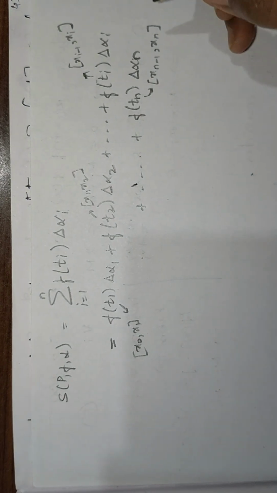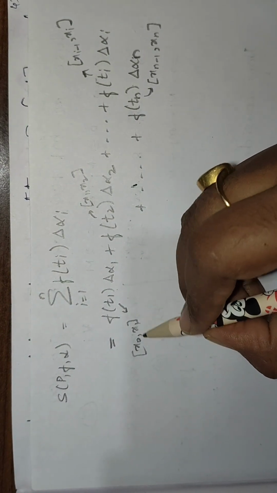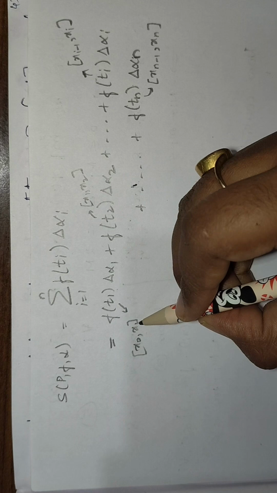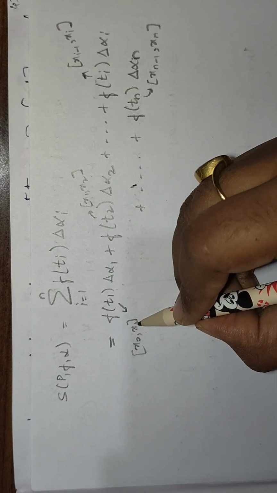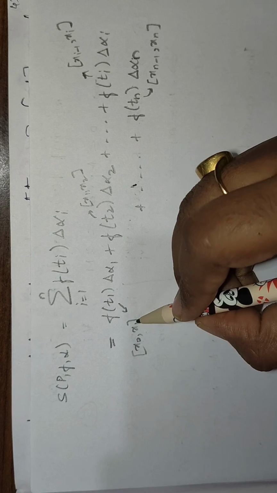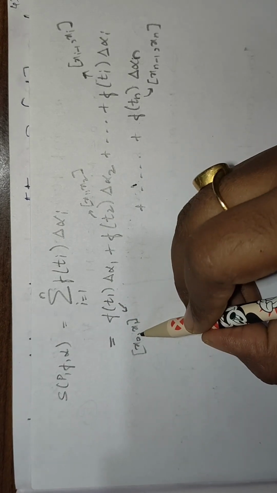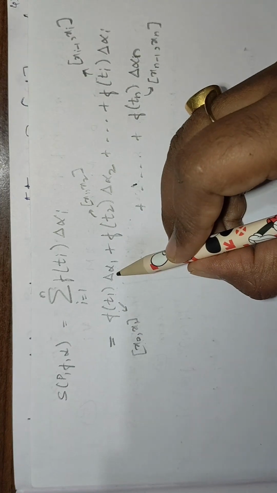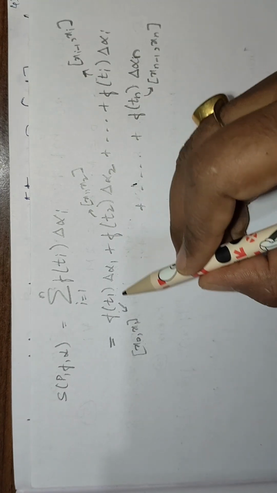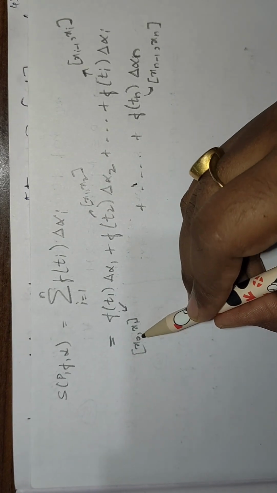So there are actually many points, infinite points, in the subinterval [x0, x1]. But here we are picking only one point, t1, and f(t1) into delta alpha 1. Delta alpha 1 means alpha(x1) minus alpha(x0).